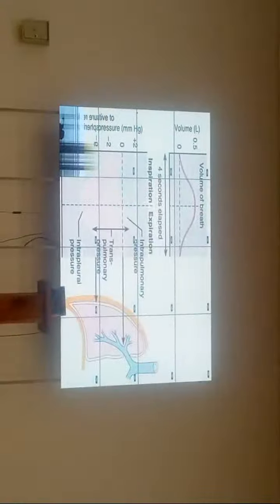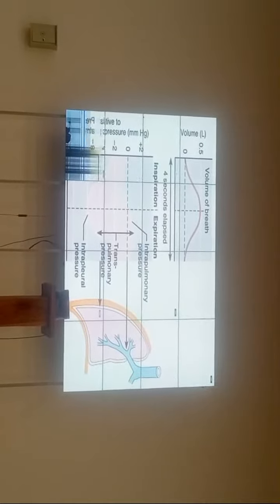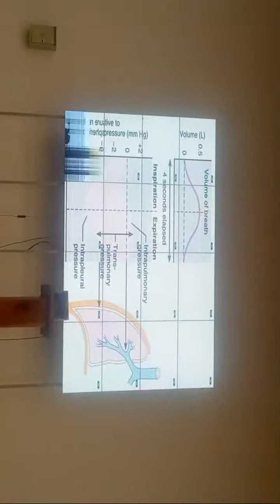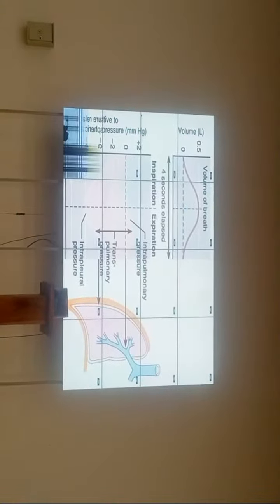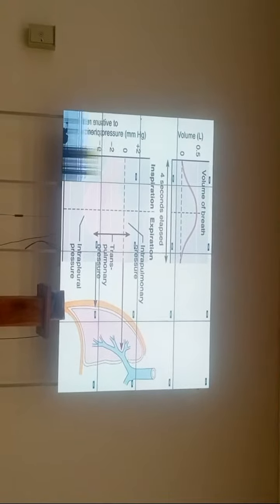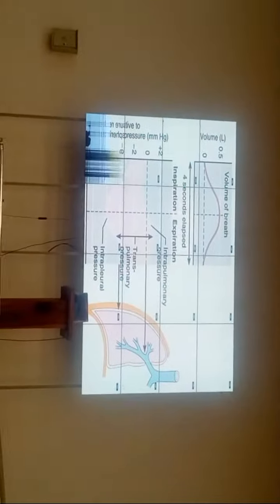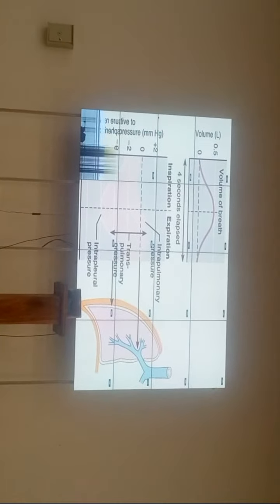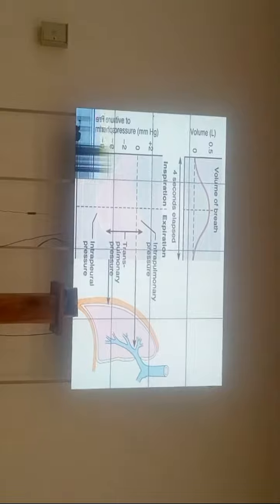It has higher surface tension when it is a small radius, which means that when you breathe out, there is increased surface tension. And when you increase the surface tension by breathing out, your lungs are likely to collapse every time you breathe out. So to prevent that from happening, the surfactant neutralizes or reduces it.